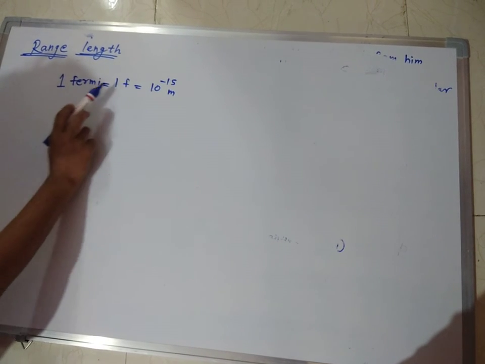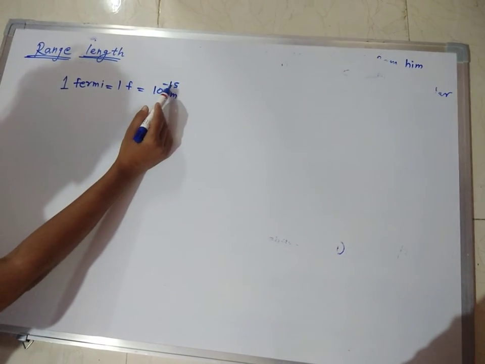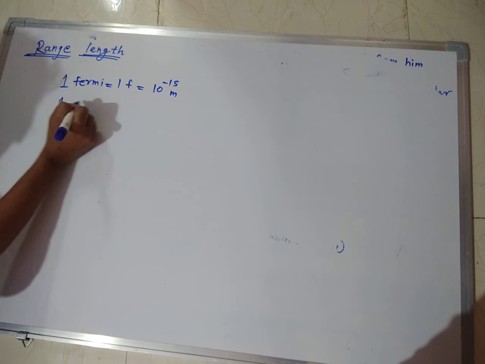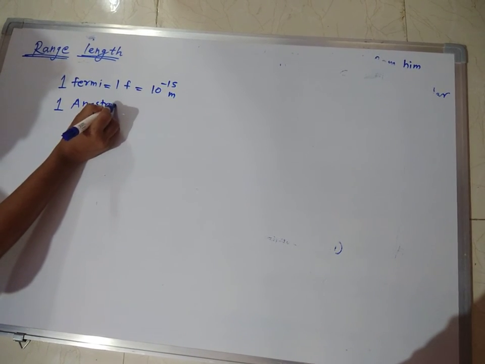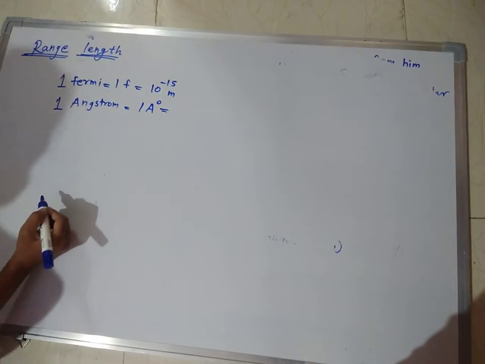1 Fermi, we can write it as 1 F, and it is nothing but 10 raised to minus 15 meter. Next, 1 angstrom. The symbol for it is like that.